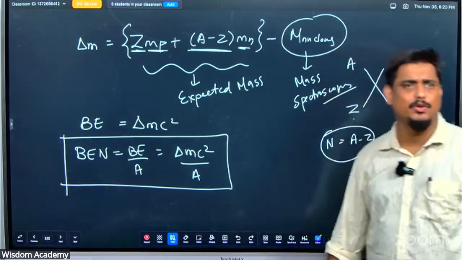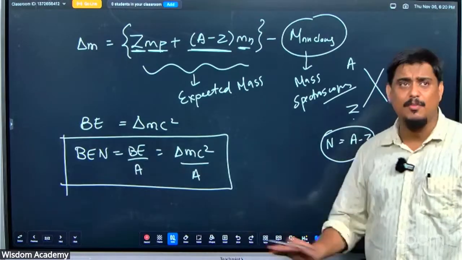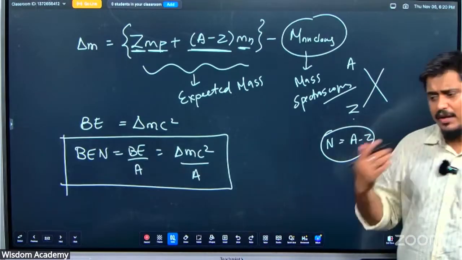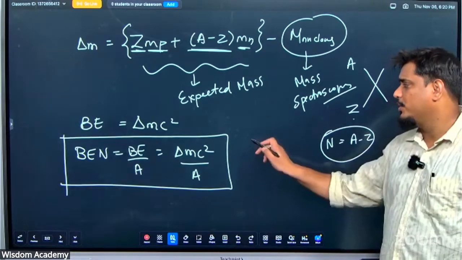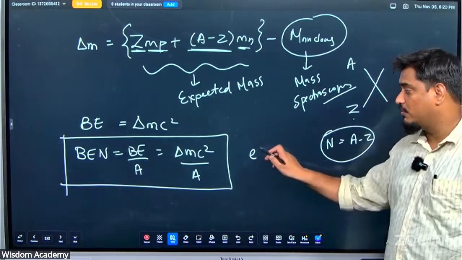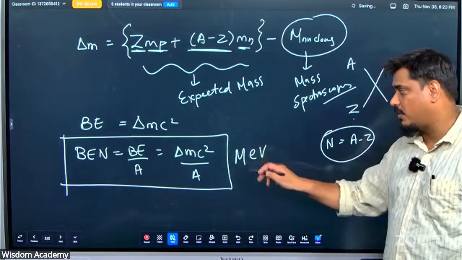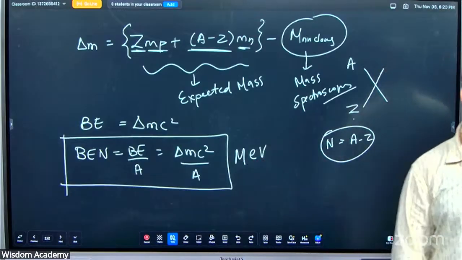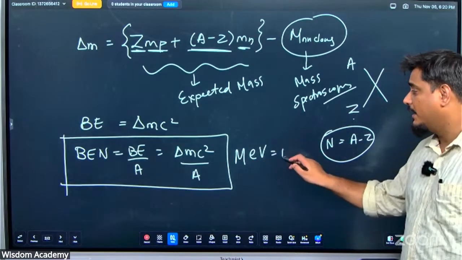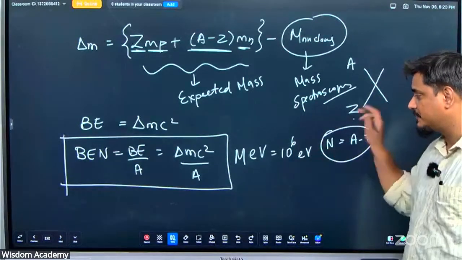And as I said to you, in these modern physics chapters, whether it is atoms, nuclei, dual nature, we are always going to use the unit of energy as electron volts, mega electron volts, that is million electron volts. MeV is equal to 10 to the power 6 eV, isn't it?